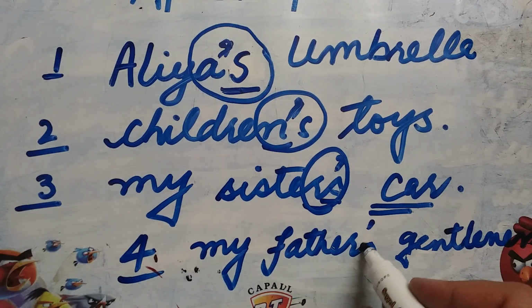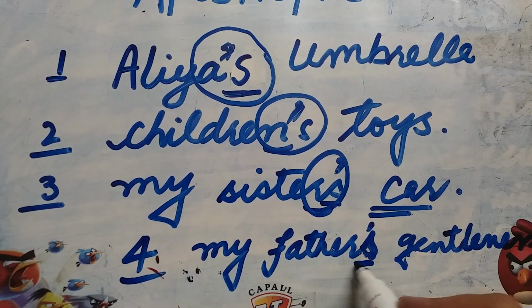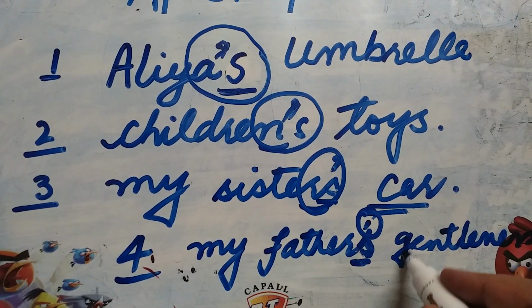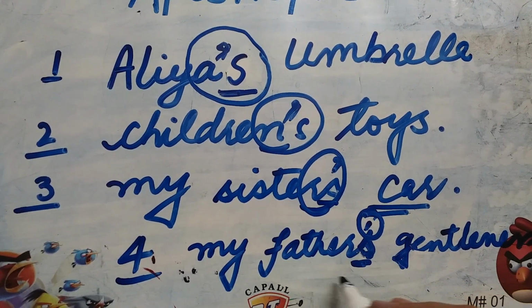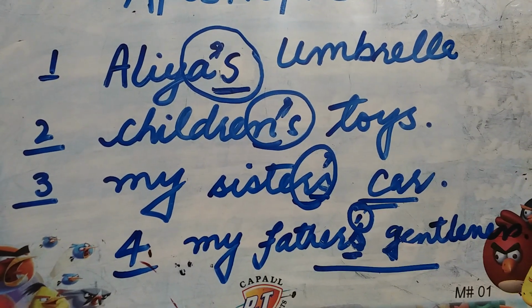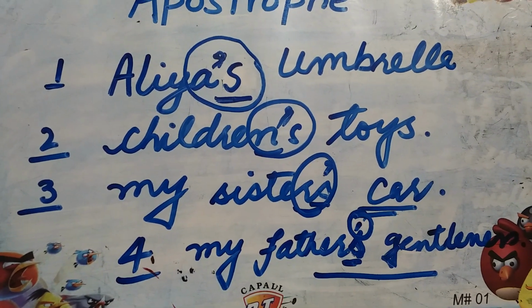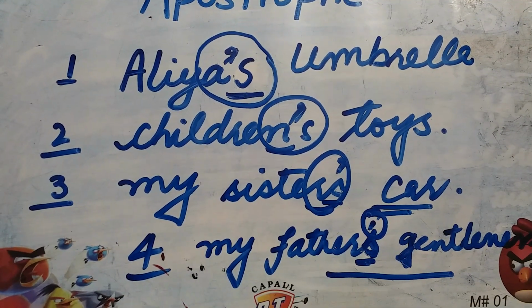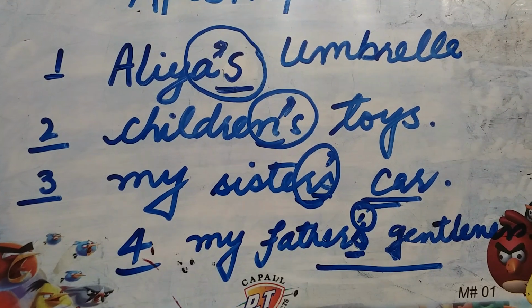My father's gentleness, apostrophe S, and this tells us that it is about my father's gentleness. So this is how we use an apostrophe to show the ownership or possession of somebody over something.